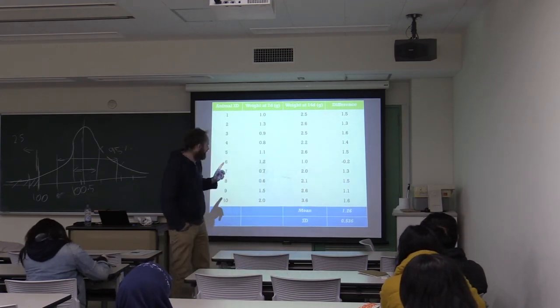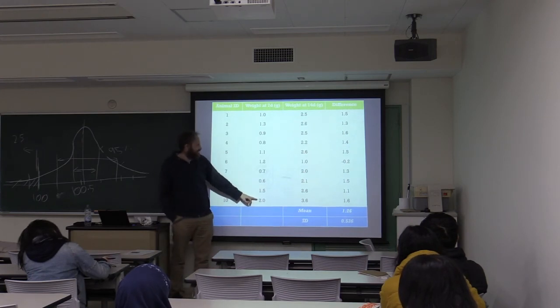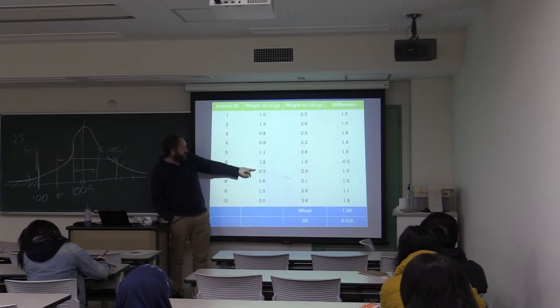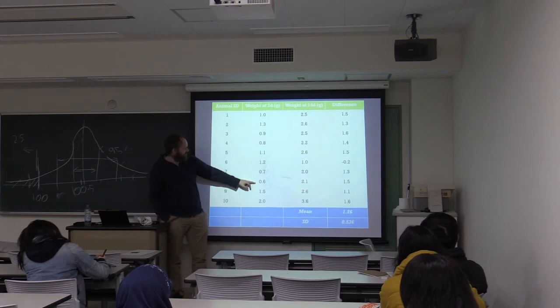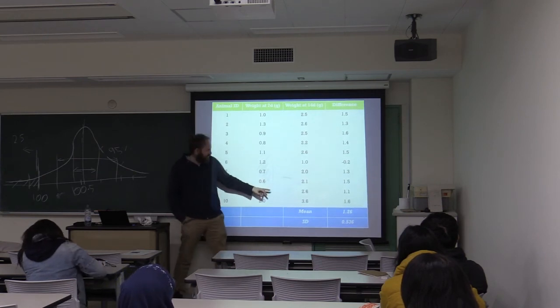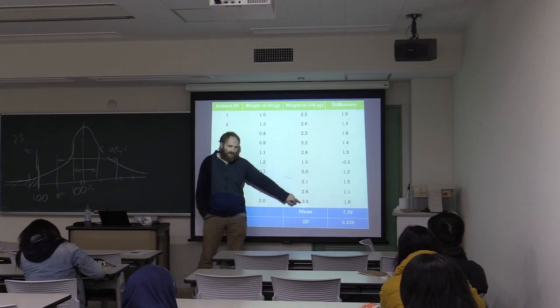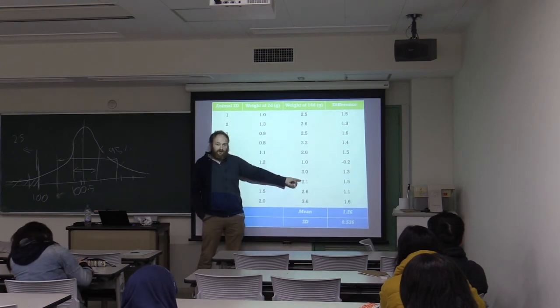Now, think about it this way, right? Look at this mouse down here. It's 2 grams on day 7, but that one, the smallest one, is 0.6. That's quite a lot of variability, right? We would expect this mouse to be bigger than that mouse on day 14, and it is.